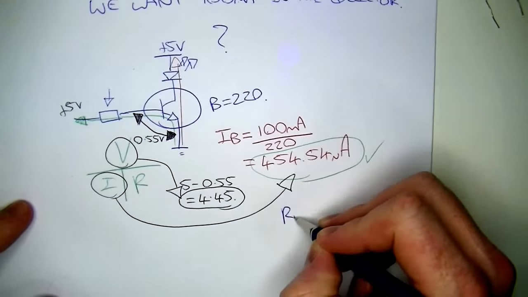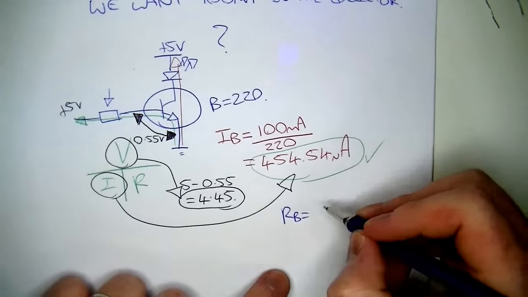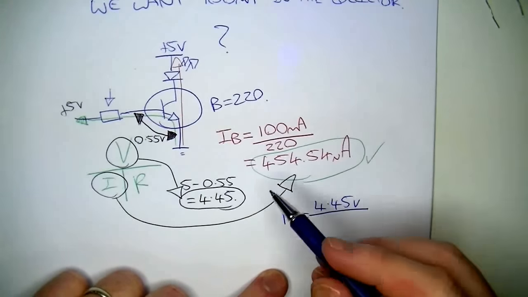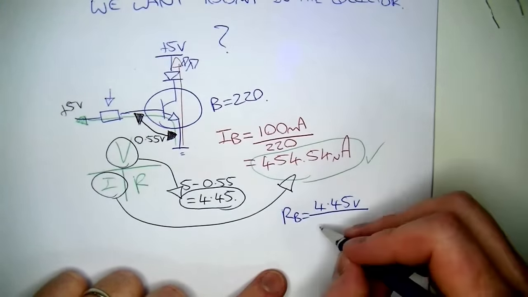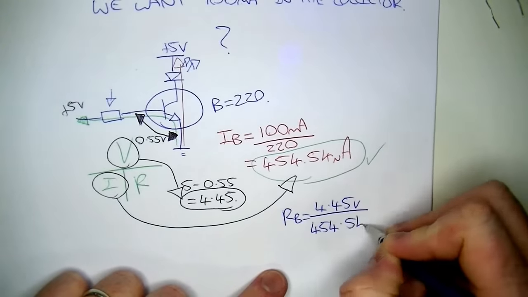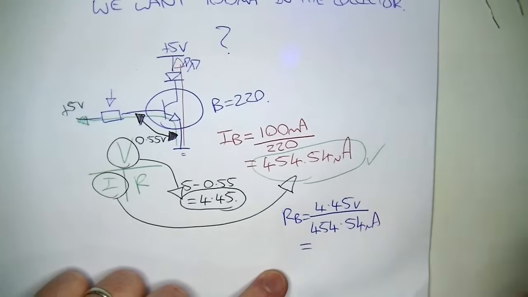So the base resistor RB is going to equal 4.45 volts divided by the current that we're going to have through there, 454.54 microamps.